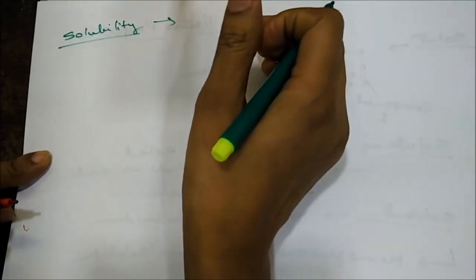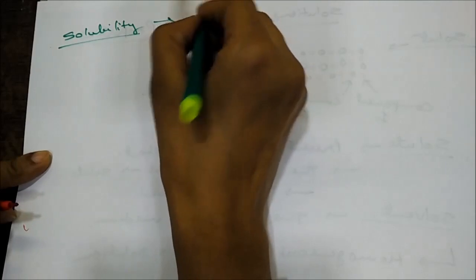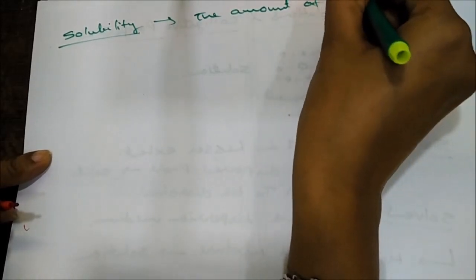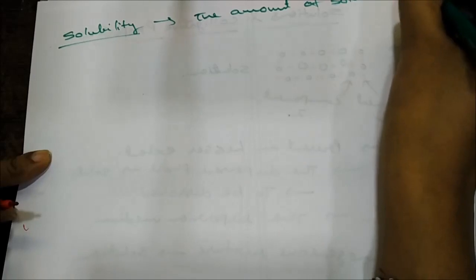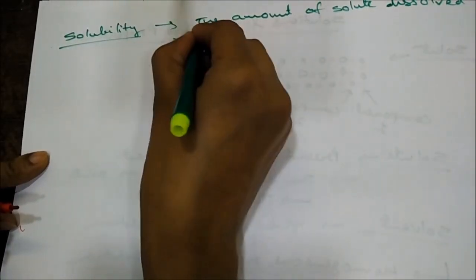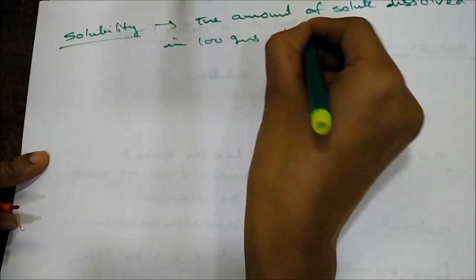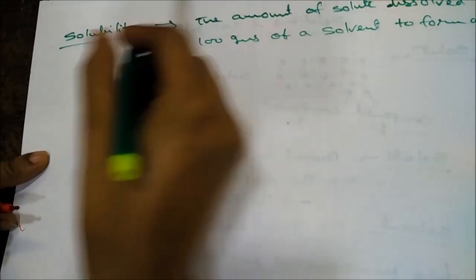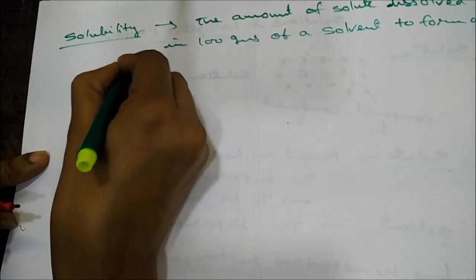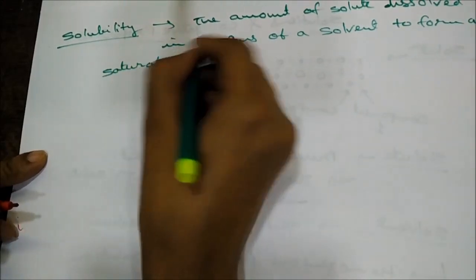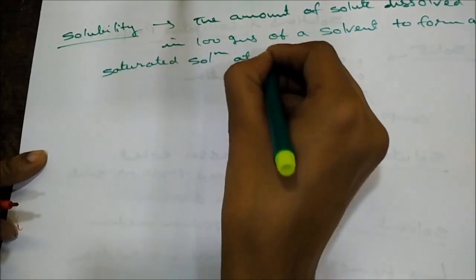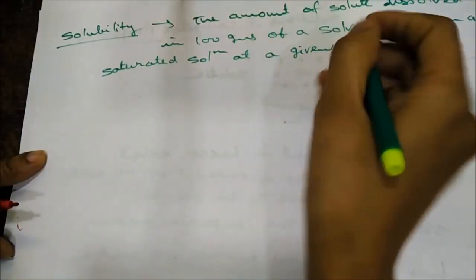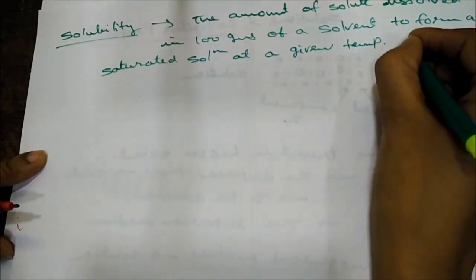Solubility is the amount of solute dissolved in 100 grams of a solvent to form a saturated solution, and the temperature is kept constant, is called solubility.